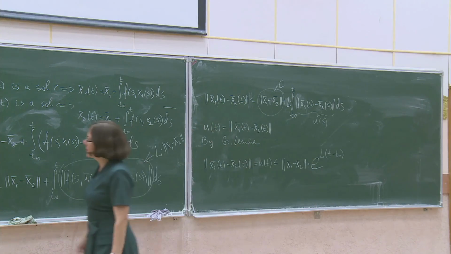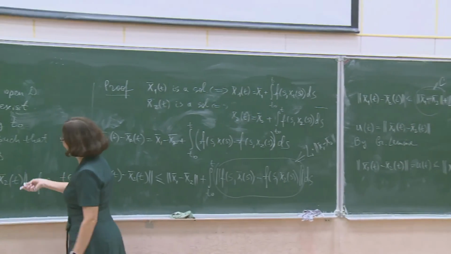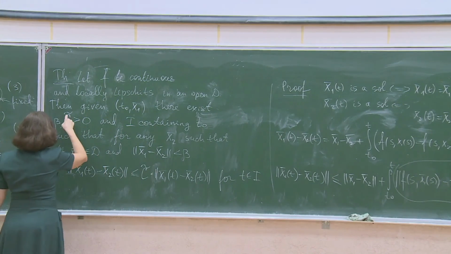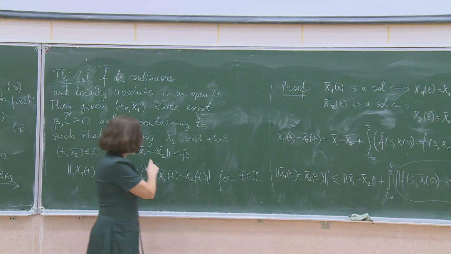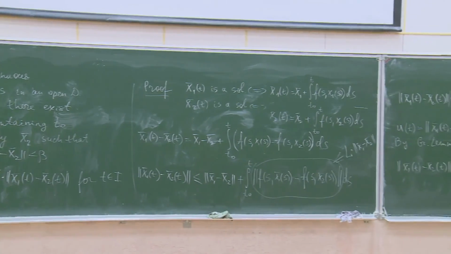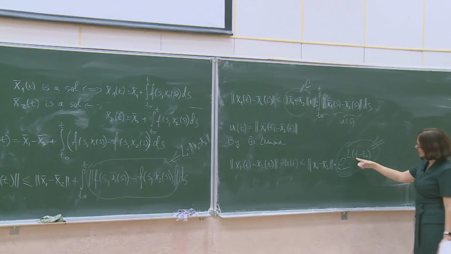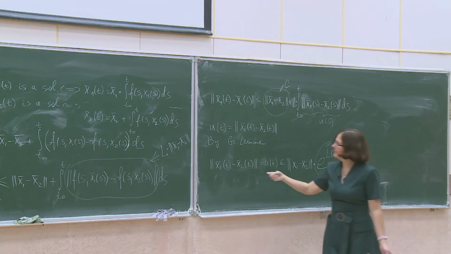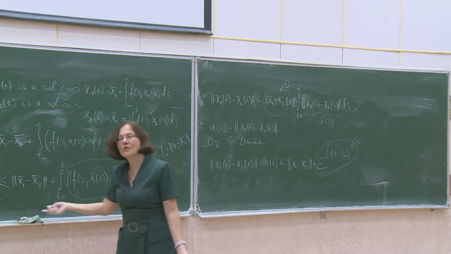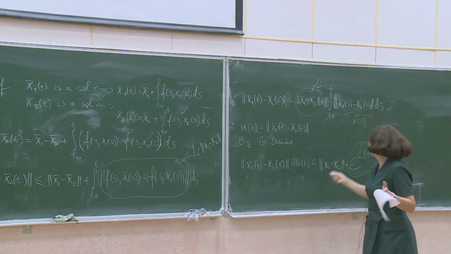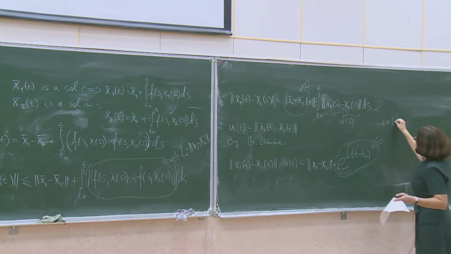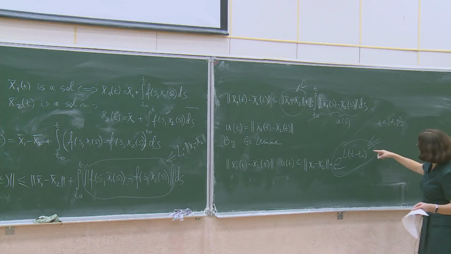Because we want to prove that there exists C, or just a moment, maybe we should let it be C tilde, right? Because it is different from that C. But this constant can be bounded. There exists I containing t0, I from alpha to beta, and if t is from alpha to beta, we can find the maximum.